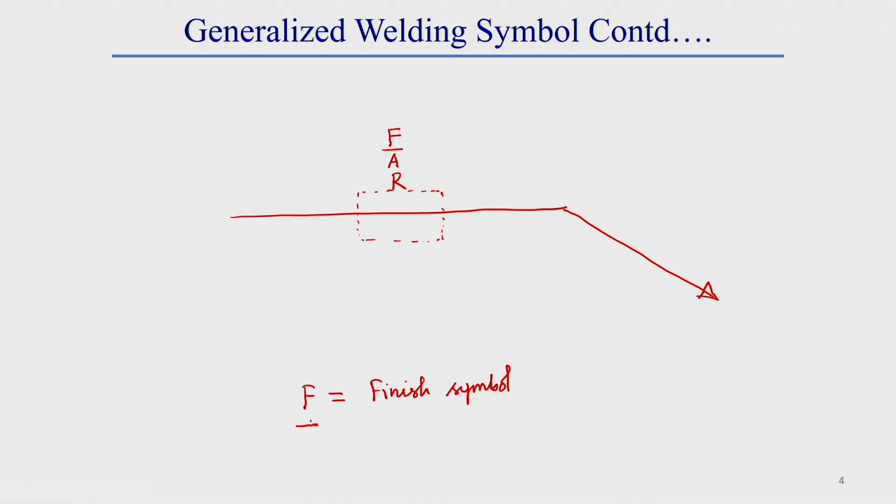What is A? After F we generally provide a horizontal line, or sometimes this can be a concave line, or this can be a convex line. So this can be a horizontal line, this can be a convex contour, or this can be a concave contour also.